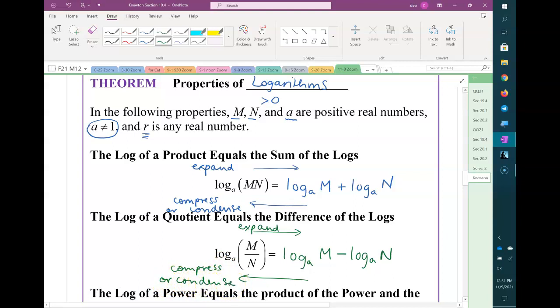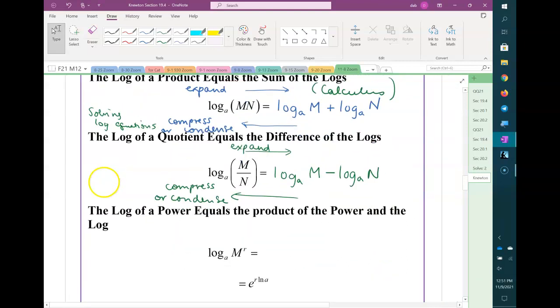Going left to right is something we're going to use in calculus. We do it here for practice, but we don't actually do anything with that skill. But you do need it, so remember it for about 2 years till you actually need it. And when we go from right to left, we will use that for solving log equations, so we will use that skill.